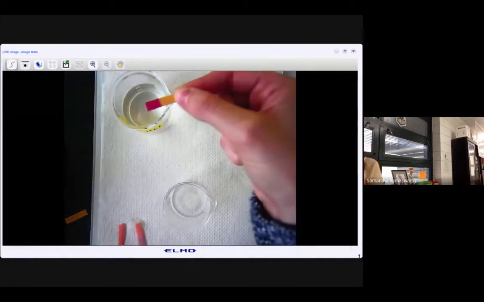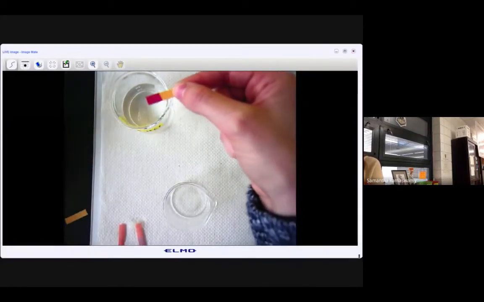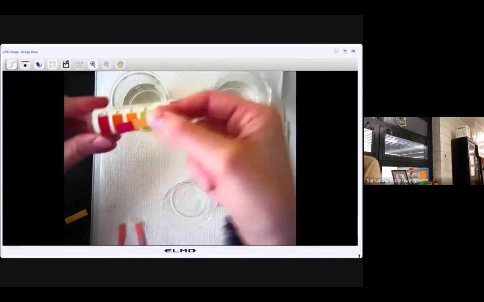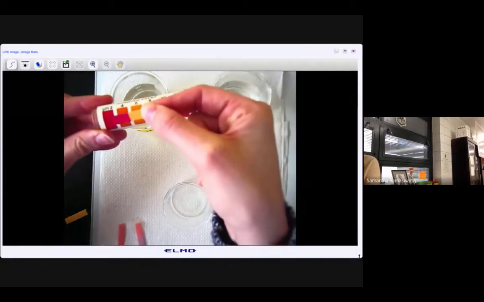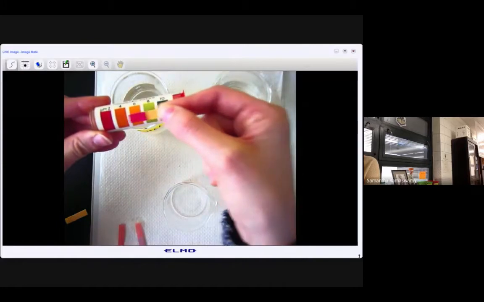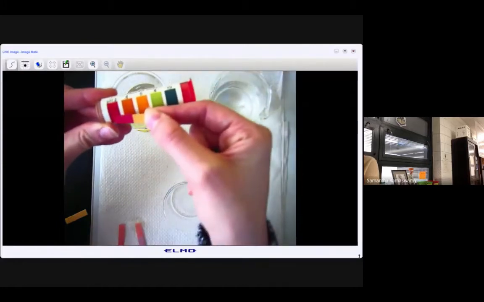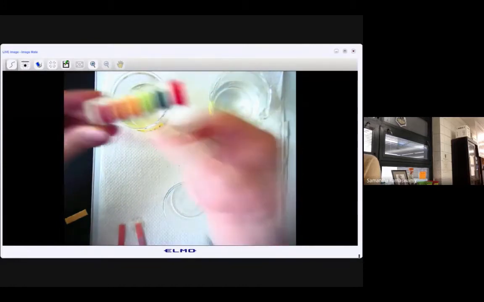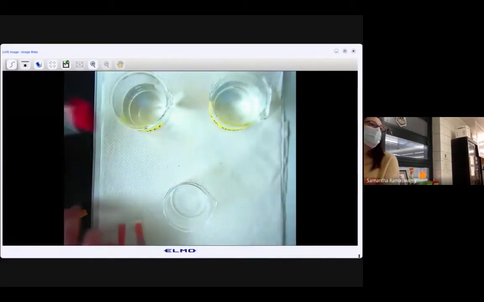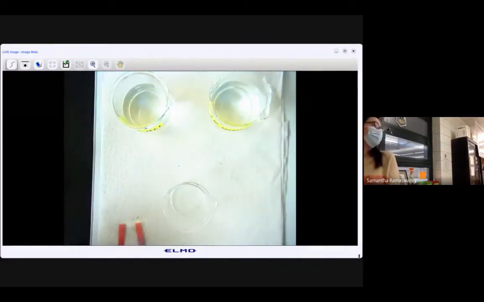See, it turns this pink color. Then I can compare it to the colors on the vial. So this is closest to a pH of 2. Now, is that an exact pH? No, but it tells me that it's a low pH. Low pH is an acid.